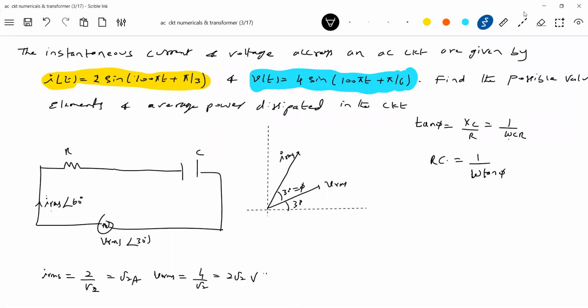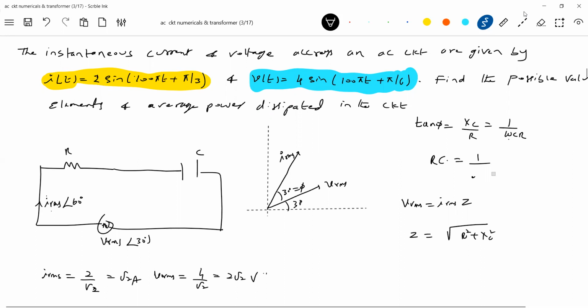Then impedance, what is the impedance? VRMS equal to IRMS into Z. And further, Z is equal to root of R square plus XC square. Or individually you calculate tan phi; we know it, so XC and R will give one relationship.